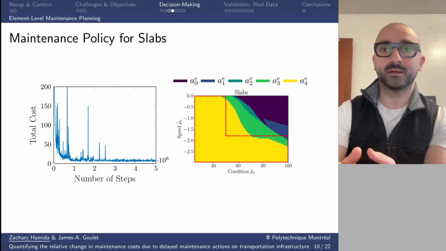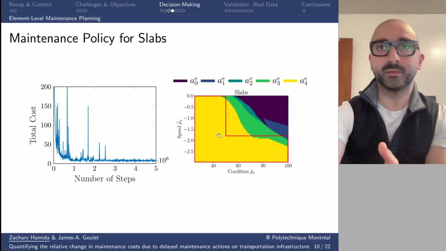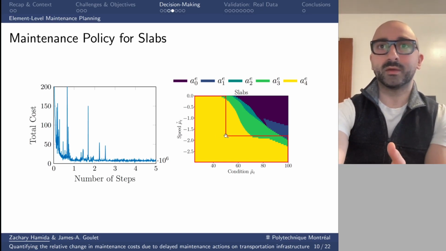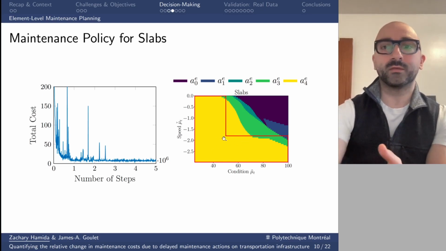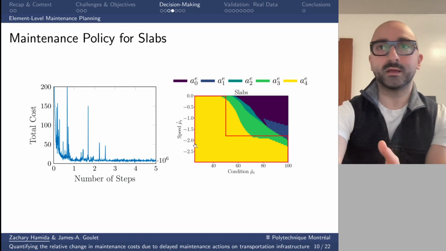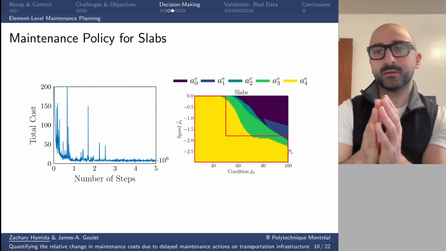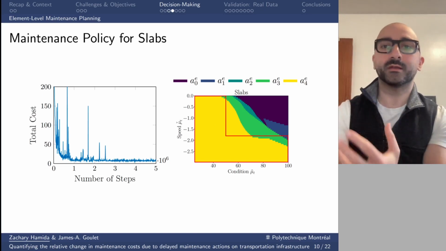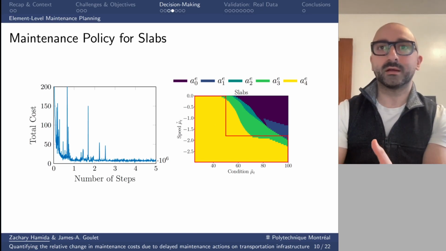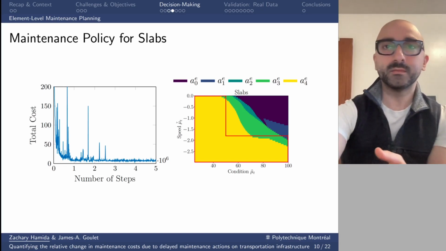So any decision maker that would observe the element in this region would say we need to replace that. This is the penalty zone as we refer to it, and the reason it exists is that it gives incentive for the RL agent to take actions.